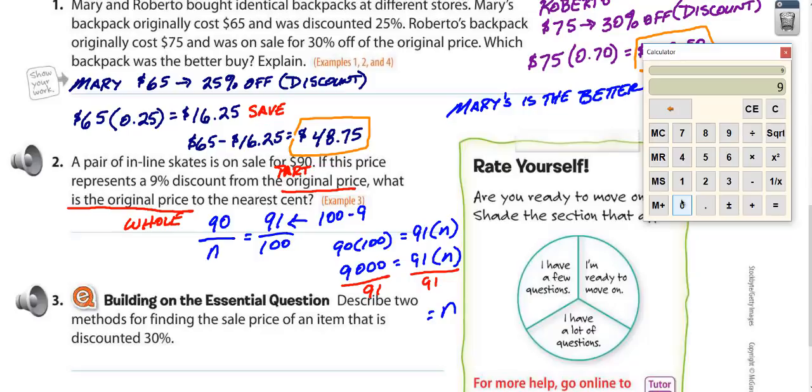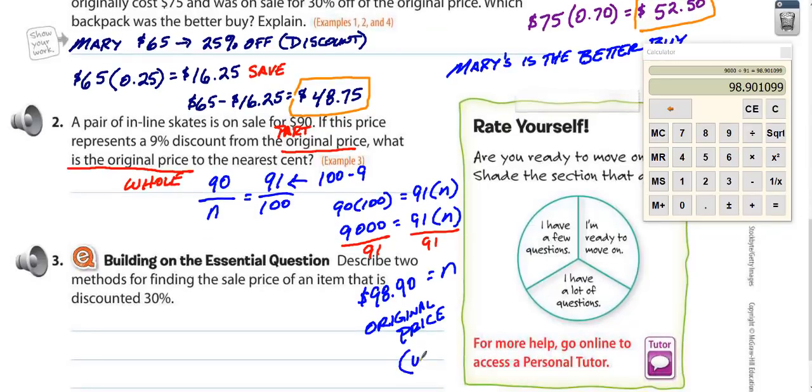If we divide 9,000 by 91, we get $98.90. That's the original price, which, in the land of percent proportions, is called the whole. That's the full amount.